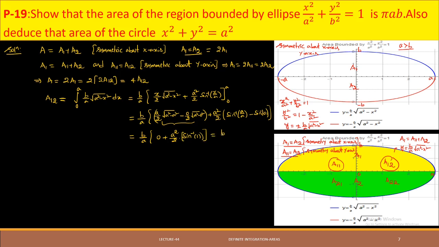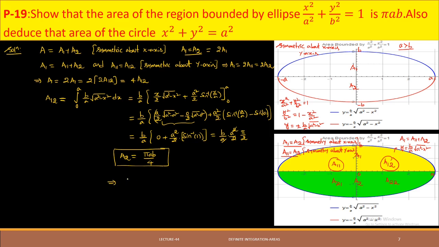So this is b by a into a square by 2 into pi by 2. So one a gets cancelled here, then I'll be getting pi ab by 4. So area a12 is equal to pi ab by 4.